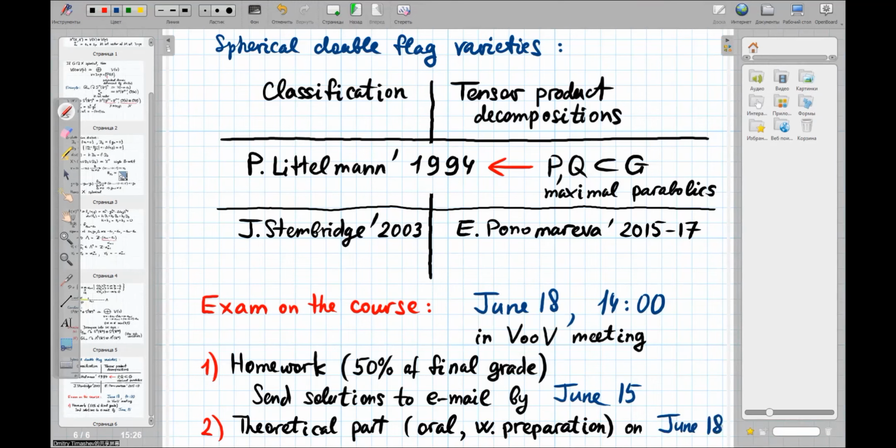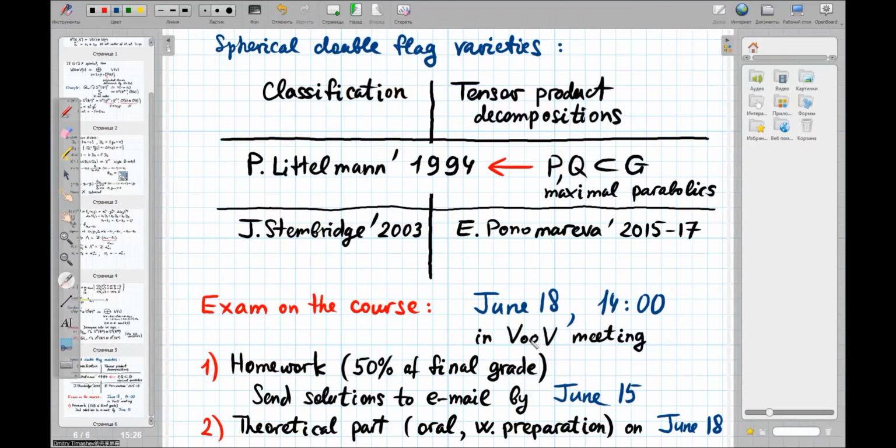What does it mean? This means that we organize a meeting in VOV. You switch on, and you will receive a randomly chosen theoretical question from the exam program, which I will compose promptly in a few days. So you will have the exam program in a few days.